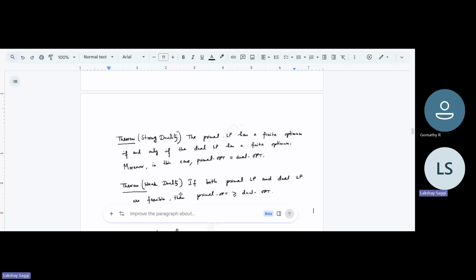So this theorem is called weak duality, and this is called strong duality. I wanted to add something here: if a primal LP is infeasible, then the dual LP is infeasible or unbounded.